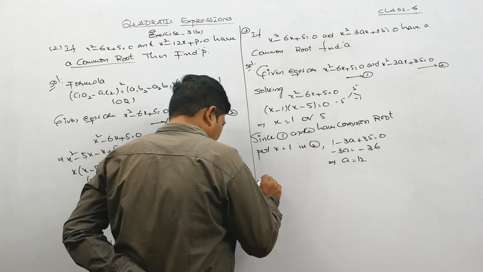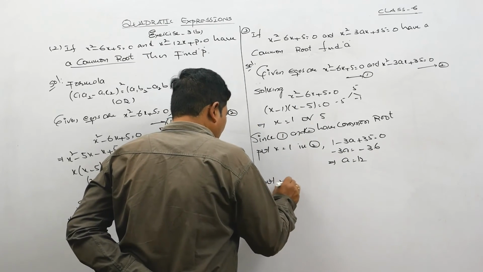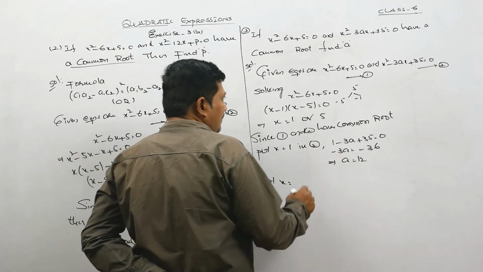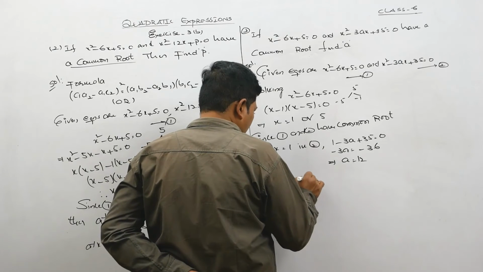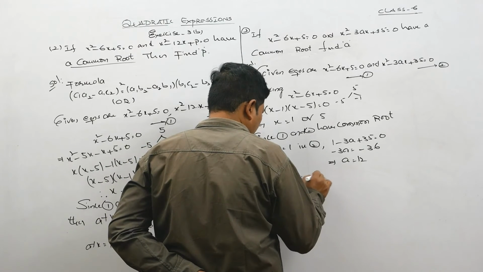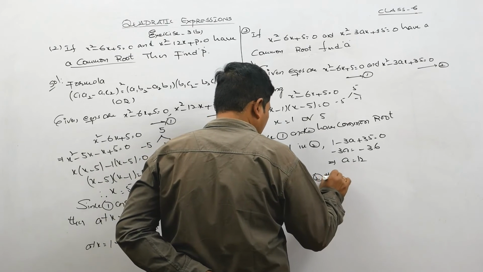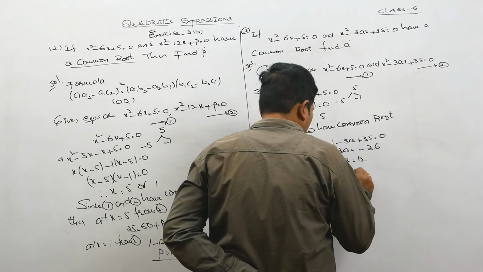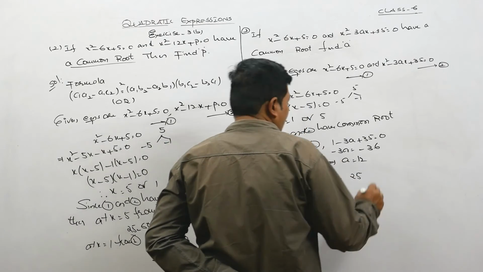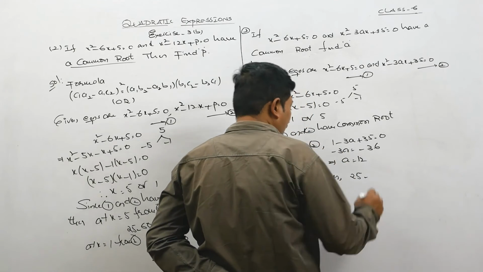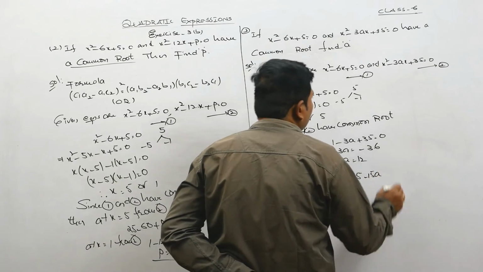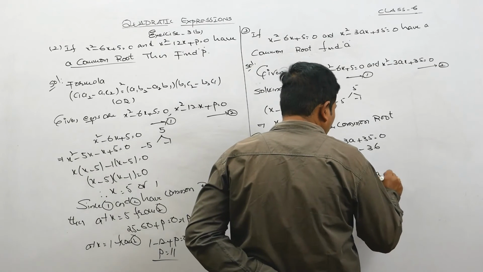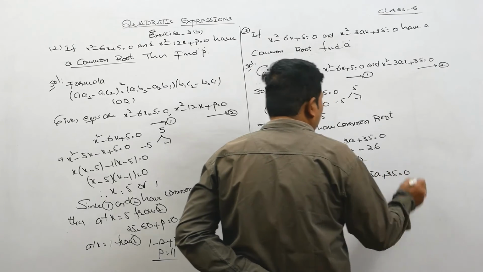Next, put x is equal to 5 into equation 2. Then 5 square, so 25 minus 3 into a into 5, 15a, plus 35 is equal to 0.